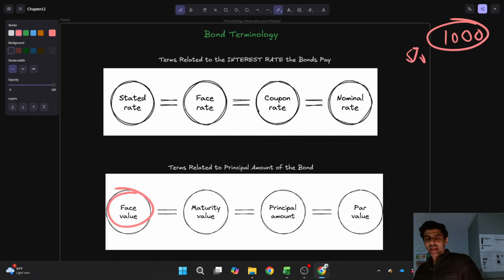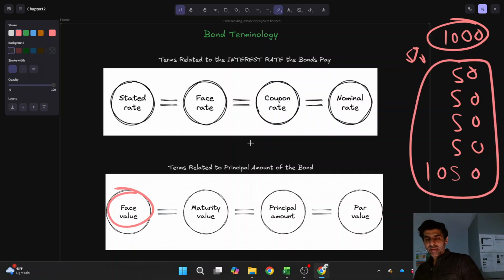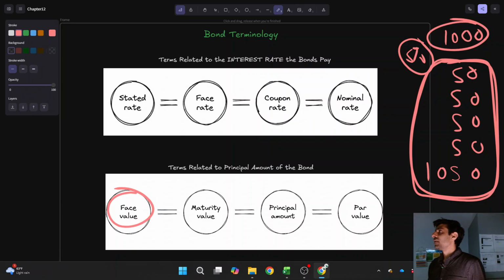Based on that, you know exactly what's going to happen. It's going to pay you $50, $50, $50, $50. That's 5% of 1,000. In the last year, it'll pay you 1,050. This is a fixed schedule of payments, because the coupon rate is stated on the bond itself. This is the interest that this bond is going to pay. So as an investor, you'll know you're going to receive this series of cash flows, and it'll have a date on it, so you'll know exactly when to expect them.